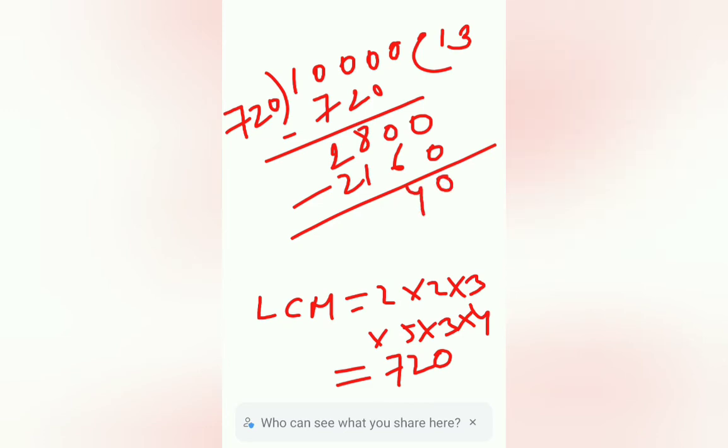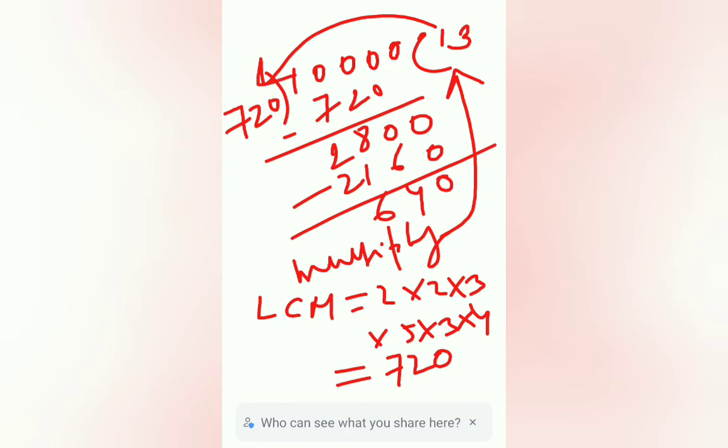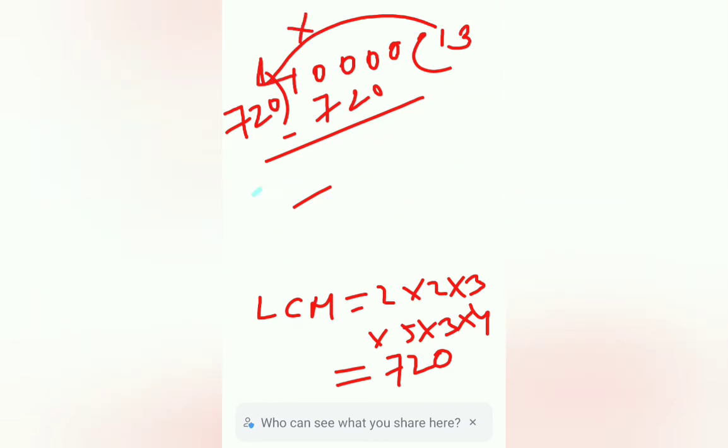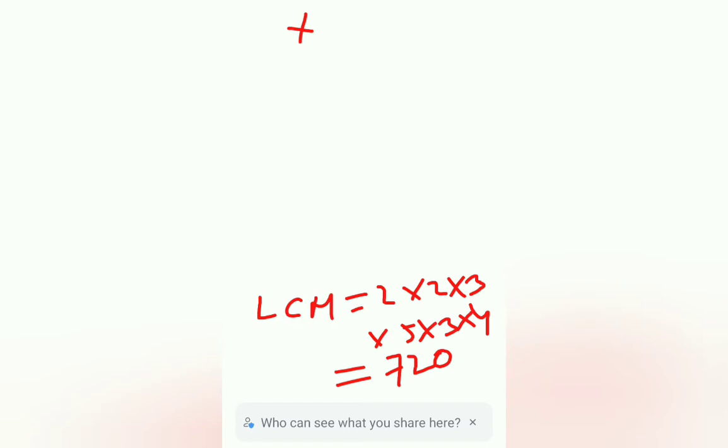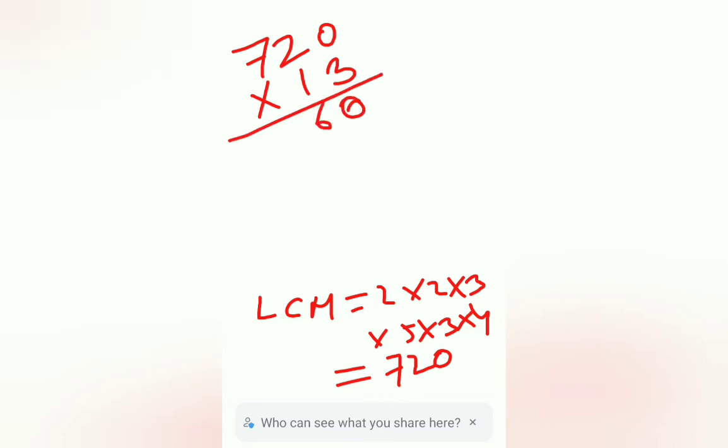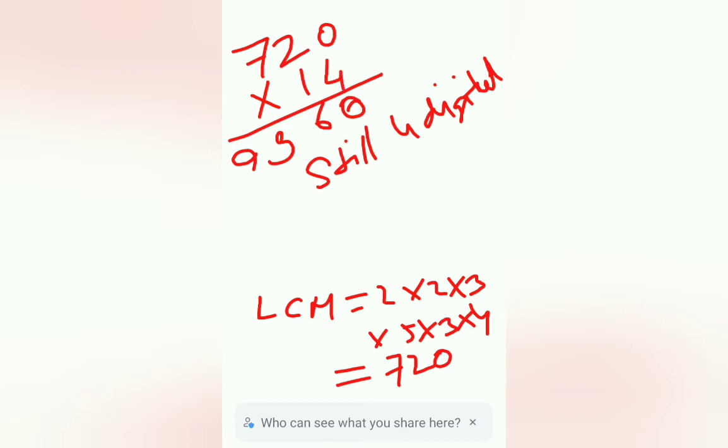So when you multiply 720 with 13, you will get a number of 4 digits. So then go to the next number, 14. After multiplying by 14, you will get the nearest 5 digit number, 10080.